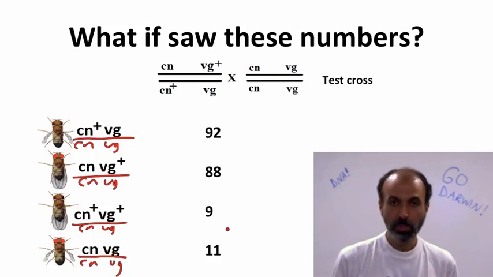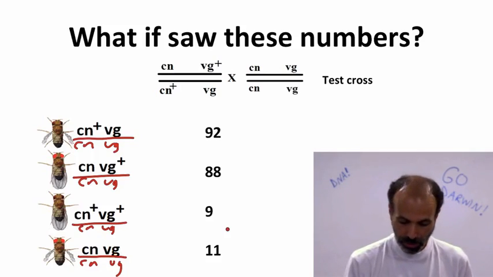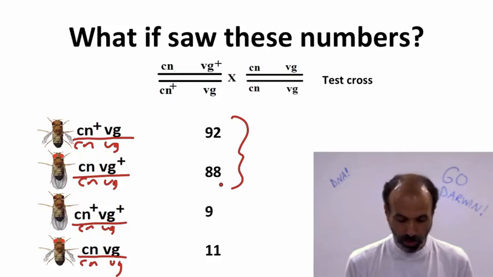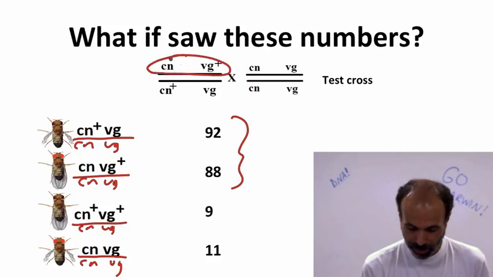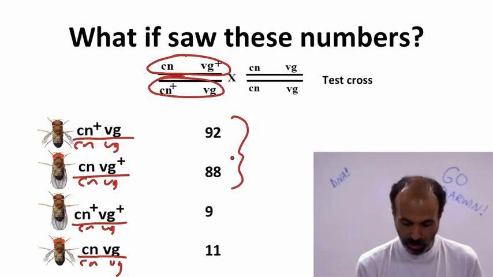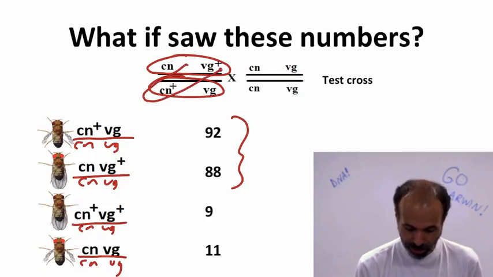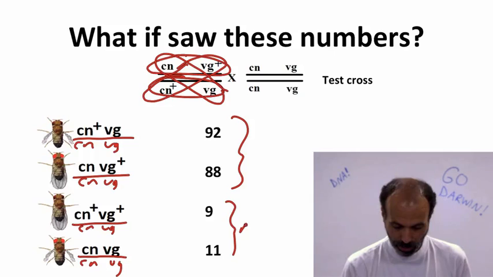Let's say you got these numbers. What does this tell you? Well, these are all the parental types, right? These are the ones that match. Basically, they got this gamete from their mom or they got this gamete from their mom. So these are parentals. These lower ones here are recombinant because they had to get either this form or that form from mom. So these are the recombinants, these are the parentals.